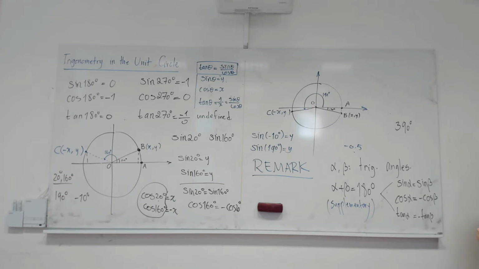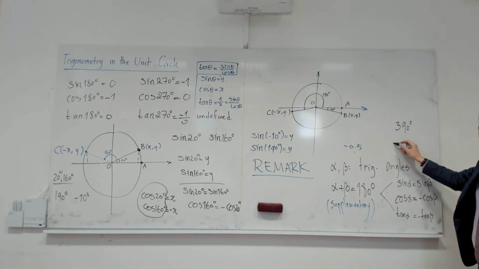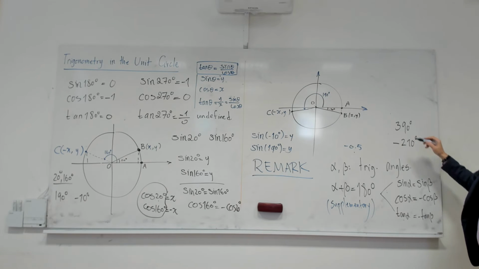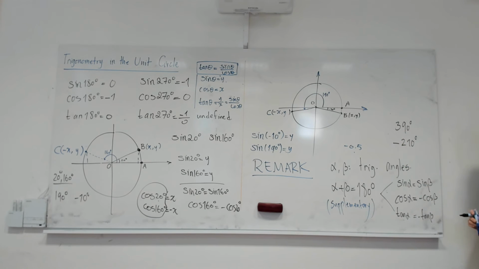You need to add them, the result should be 180. Yes, it's minus 210. Why? Because if I add this to that one, it becomes 180. So these rules are also valid for them. You can check it geometrically if you want. You have to be patient, find the final point for this, find the final point for that, and then you see that this will work.